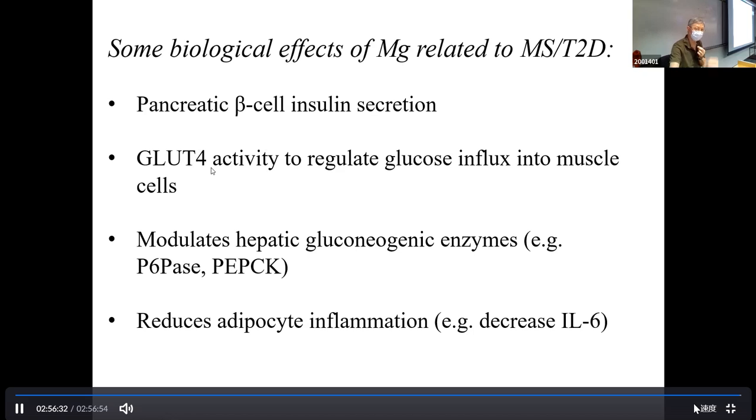GLUT4 is the transporter of glucose, and its activity regulates glucose influx into muscle cells. It may also modulate enzymes which play a role in gluconeogenesis.